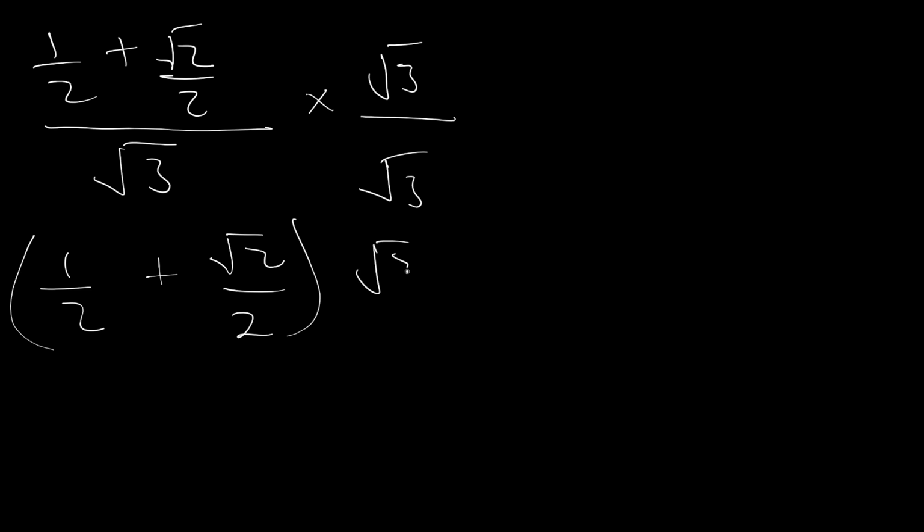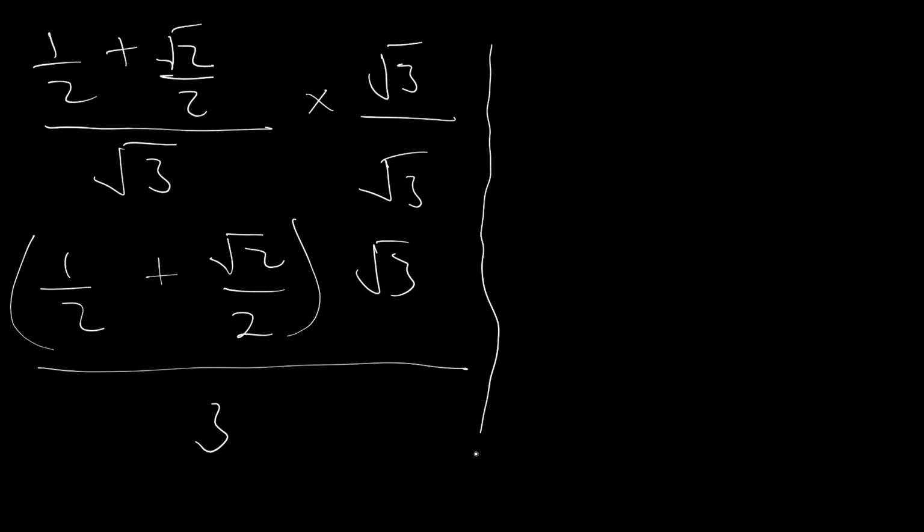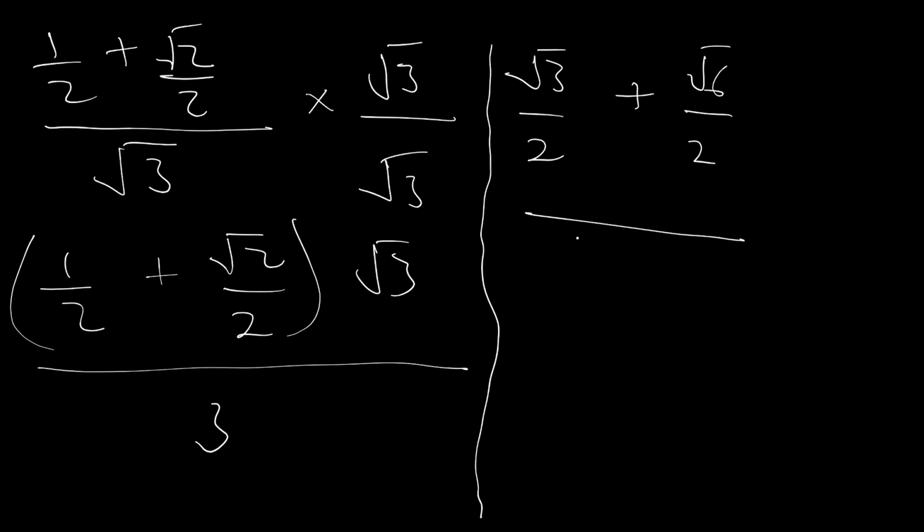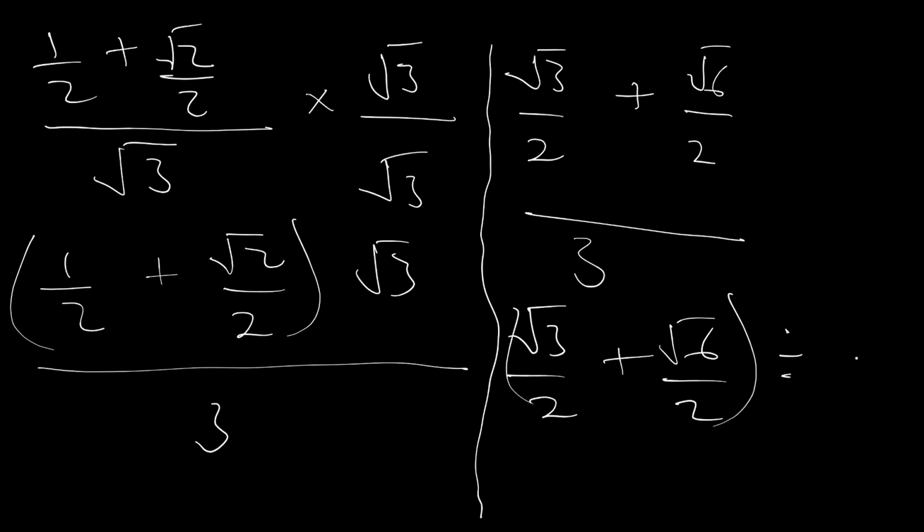Multiplying root 3 all over root 3 times root 3, we will have 3. So this becomes root 3 over 2 plus root 6 over 2 all over 3. So this can be written as root 3 over 2 plus root 6 over 2, all divided by 3. Now we change the division sign to multiplication.